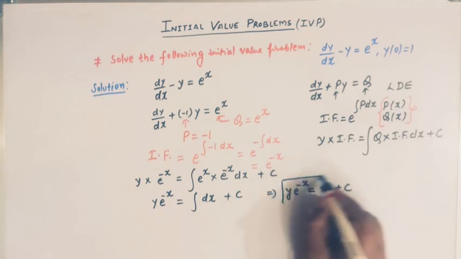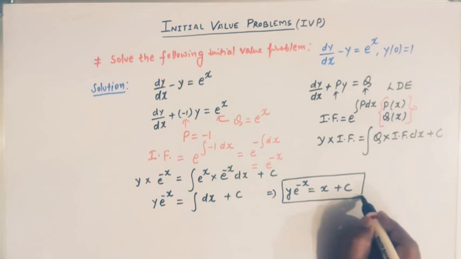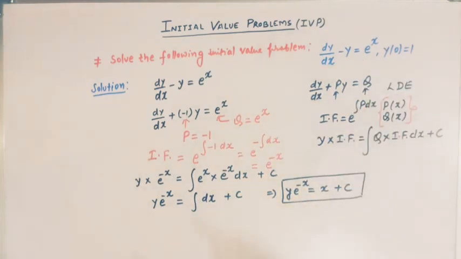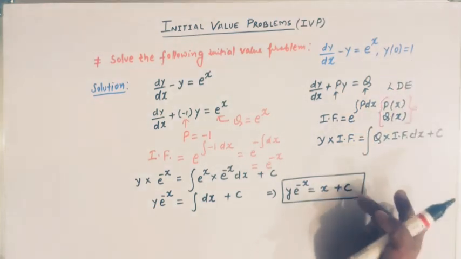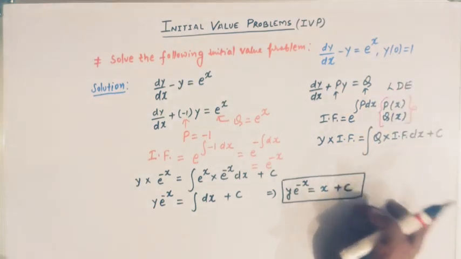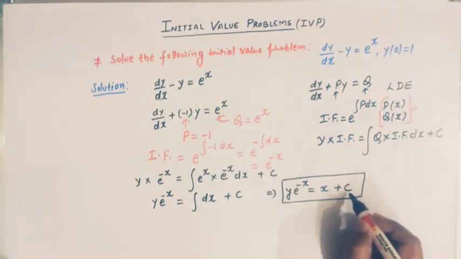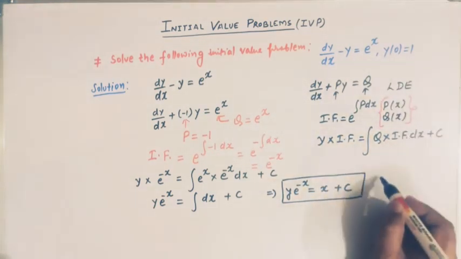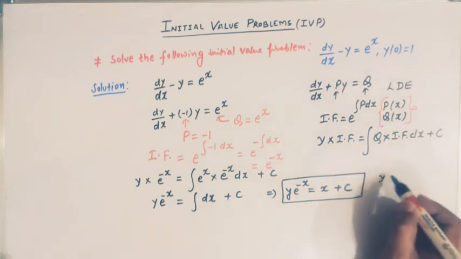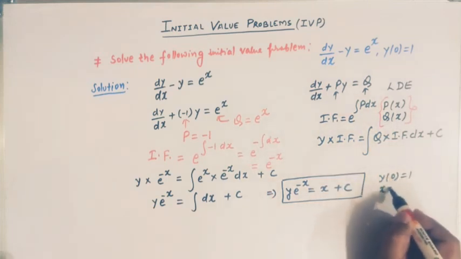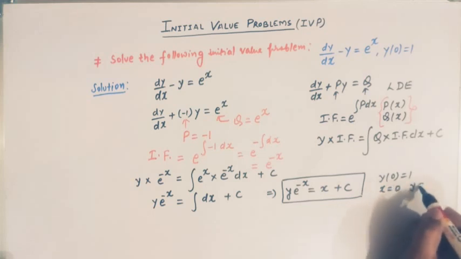So this is the general solution of this differential equation, and let us now apply this condition to evaluate the value of this constant of integration, which is c. We are given the condition y of 0 is equal to 1, so it means when x is 0 we have y is 1.